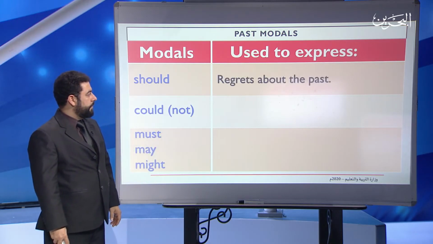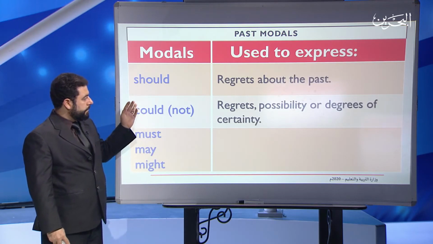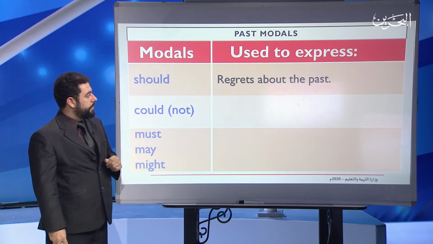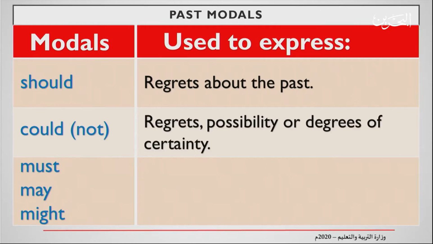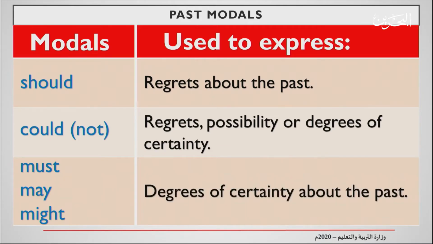So, we use should to express regrets about the past. Could not, we use it to express regrets, possibility, or degree of certainty. Must, may, and might are used to express degrees of certainty about the past.